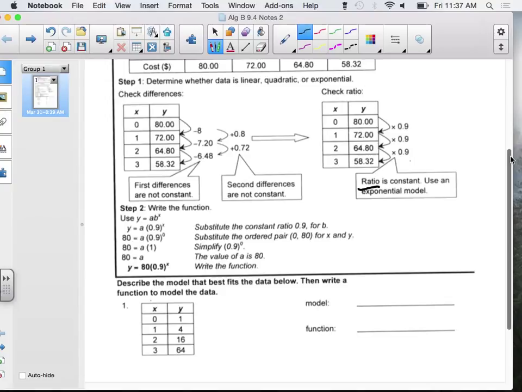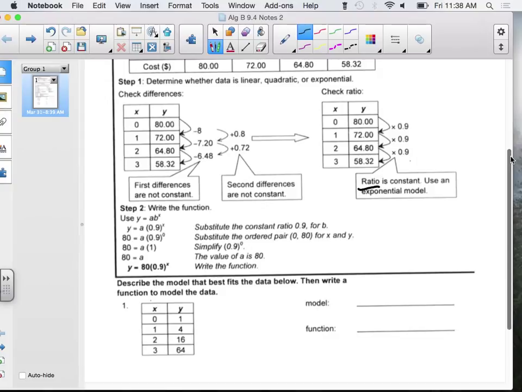Because it's a chart. If you multiply it, like 58.32 times 0.9, that's going to give you 64. Is it? The opposite. So how do we find that 0.9 first? Divide.